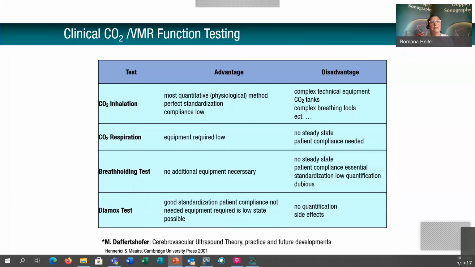As you can see from this table, each of these tests has advantages and disadvantages. Again, the doctor, or the user, whoever is doing the test, needs to carefully consider the patient's ability and the requirements, and then see what kind of test procedure would be best for this situation.